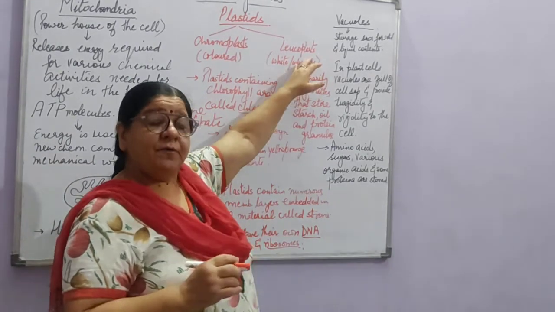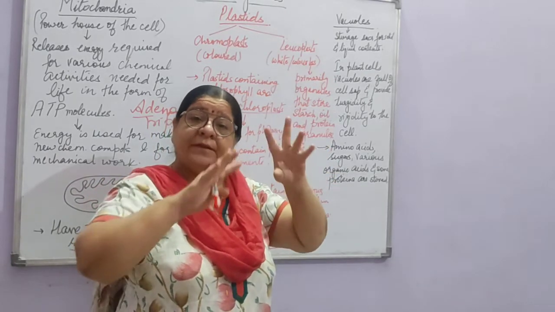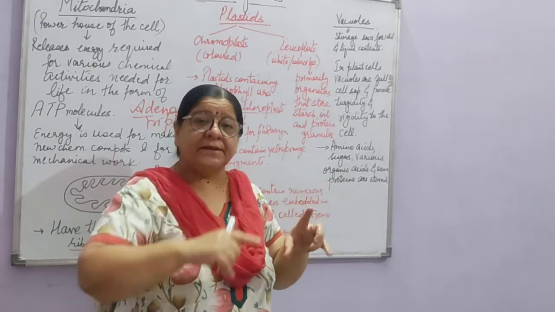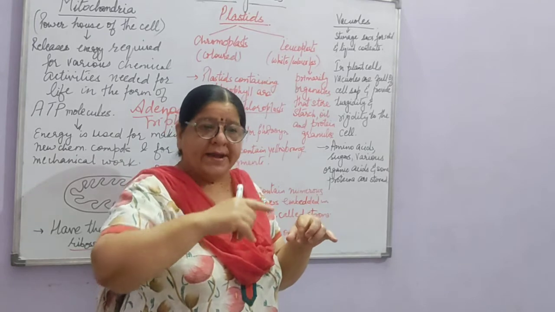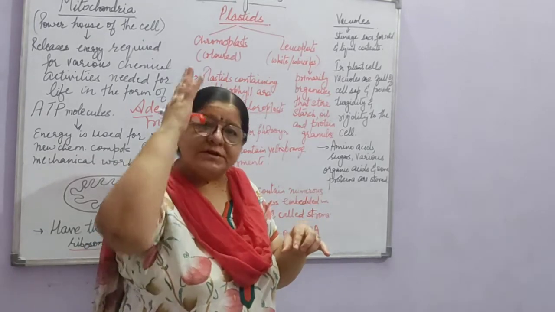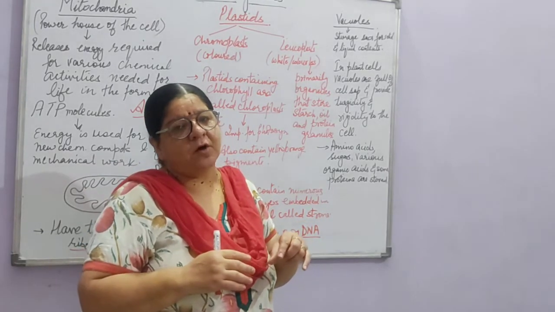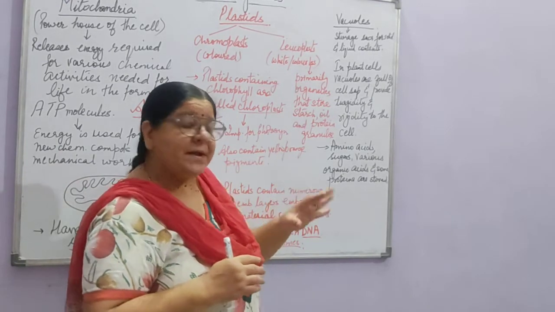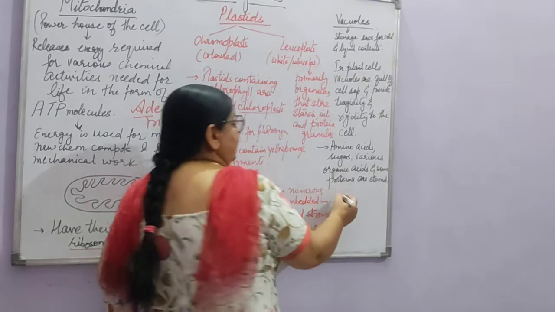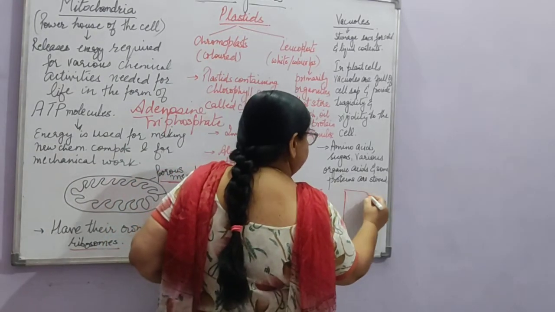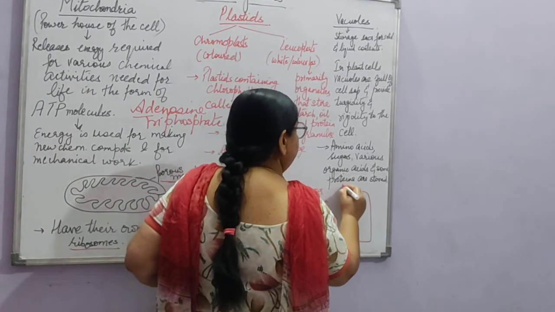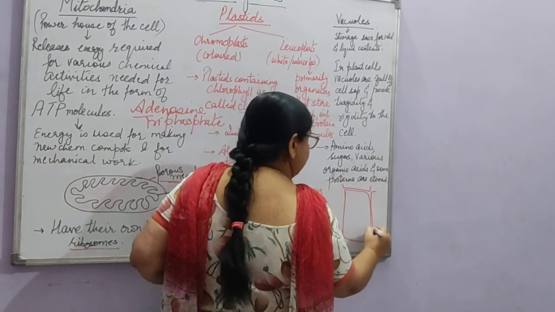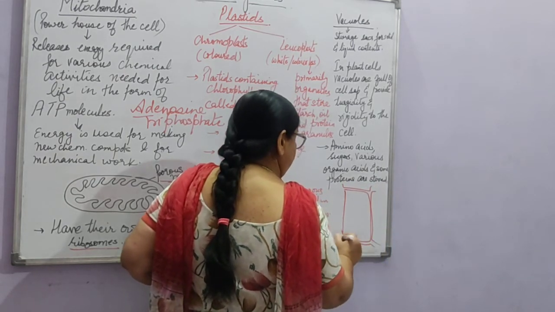While in plant cells vacuoles are very big, in the center they acquire almost 50 to 90% of the space of the plant cell. If you remember the structure of plant cells, they have a cell membrane as well as a cell wall.